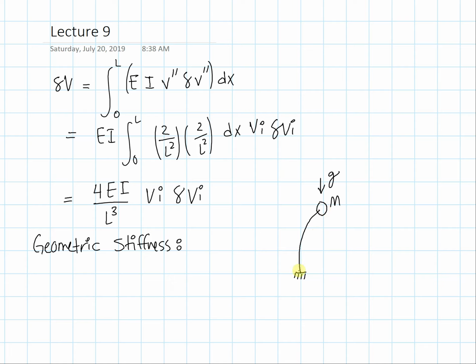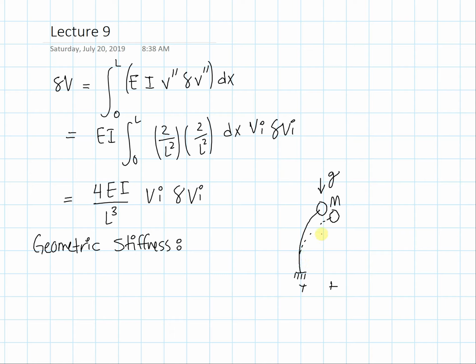So now think about this mass elongated around a different position. So it's bending even more, and now there is going to be a bigger moment arm about the base of this column structure.